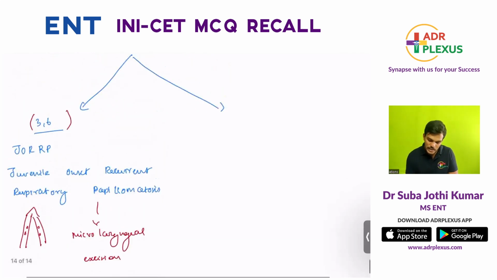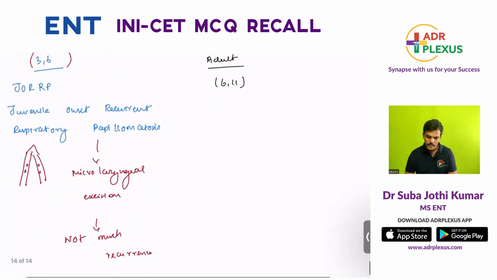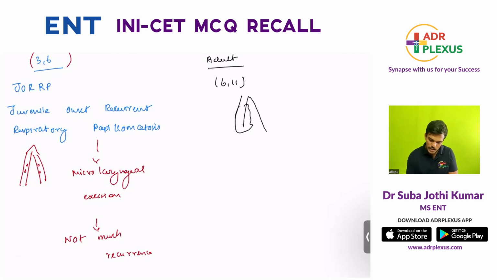Whereas if it occurs in adults, it is 6 and 11 strain. In adults, 6 and 11 strain. What will it cause? Again, it will cause bigger mass, not smaller mass. Bigger masses like this. See, there will be multiple things. Here there will be only 2 or 3 papillomas. Okay.